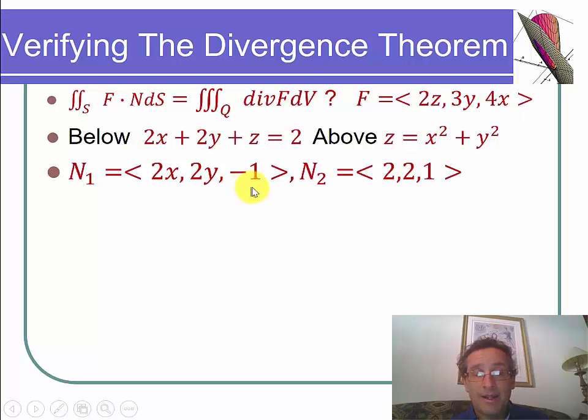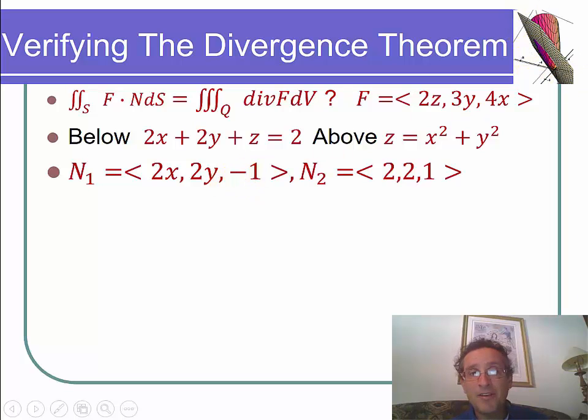In particular, we can let the k component be -1. The i and j components will be the partial derivatives with respect to x and with respect to y, respectively. The partial derivative of x squared plus y squared with respect to x is 2x. The partial derivative with respect to y is 2y. Our normal vector on this bottom surface is 2x, 2y, -1.